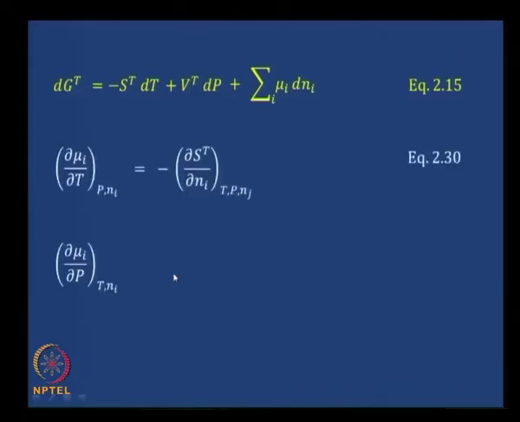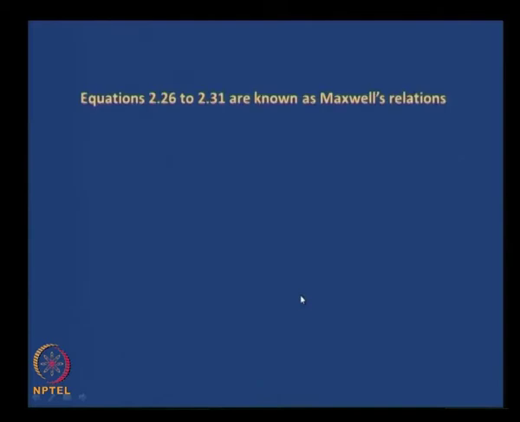And as we spend some extra time here, dou mu i by dou T at constant P, ni equals minus dou St by dou ni at constant T, p and all other nj's, and dou mu i by dou P at constant T, ni equals dou Vt by dou ni at constant T, p and all other nj's. So these equations are called Maxwell's relations, very useful.